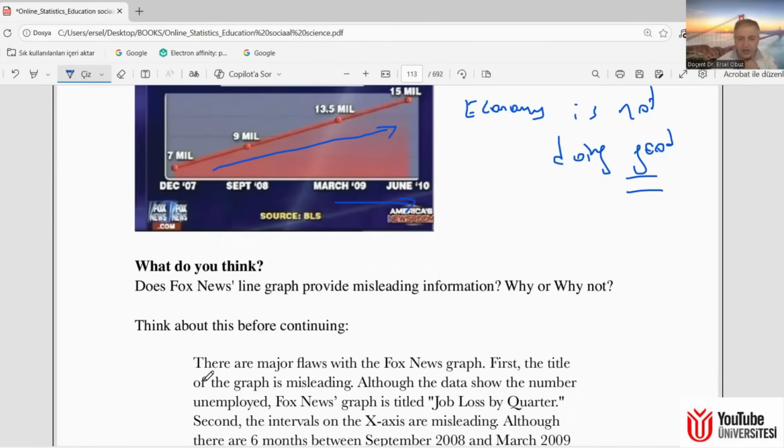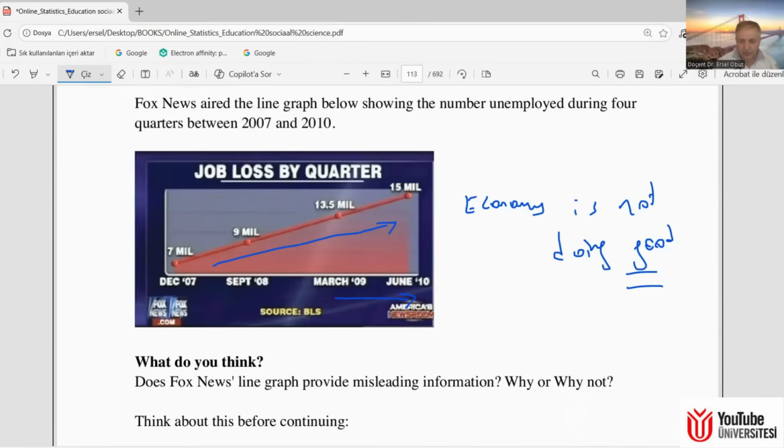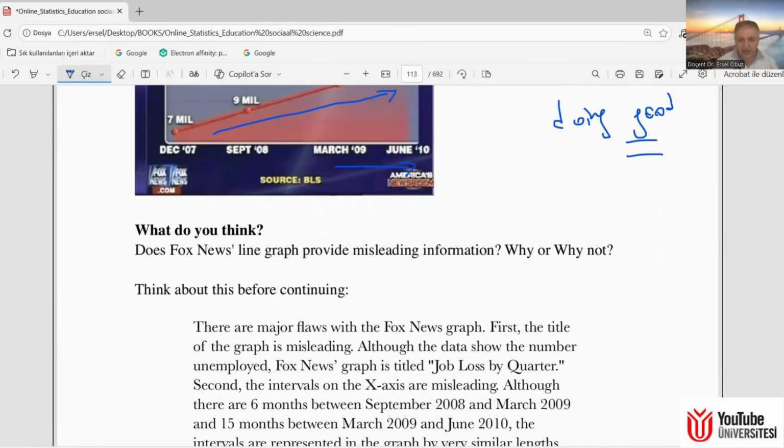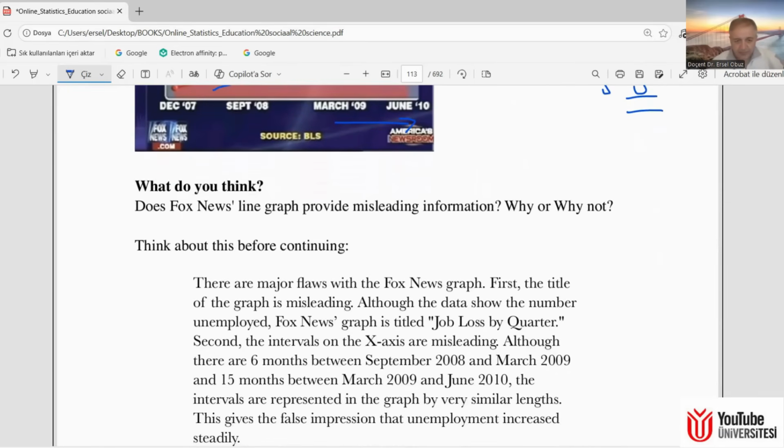It says there are major flaws with the Fox News graph. The first, the title of the graph is misleading. Okay, job loss by quarter. Although the data show the number unemployed, Fox News graph is titled job loss by quarter. Okay. Second, the intervals on the x-axis, right, are misleading. There are 6 months between September 2008, March 2009, and 15 months between March 2009 and June 2010.